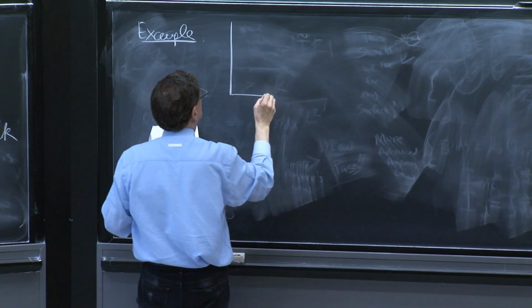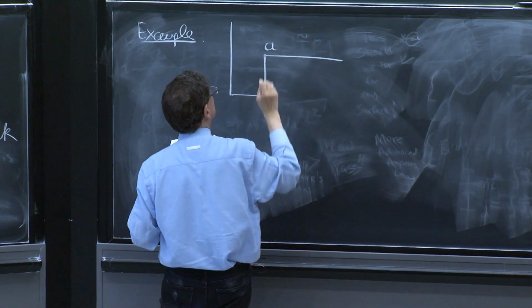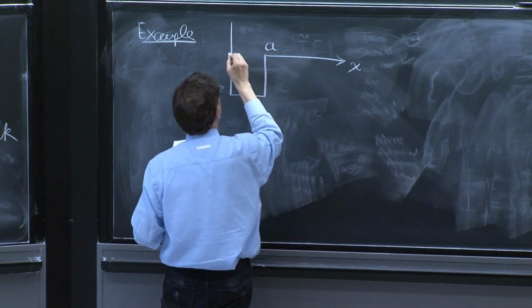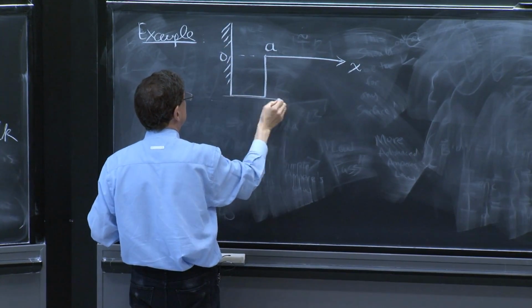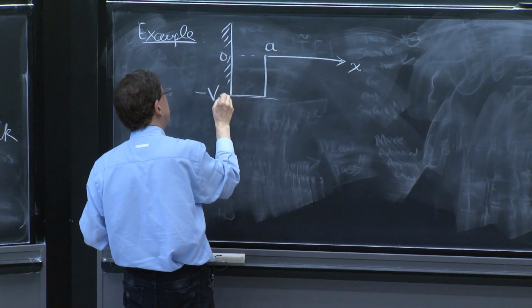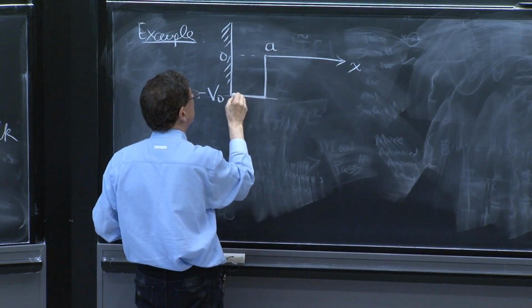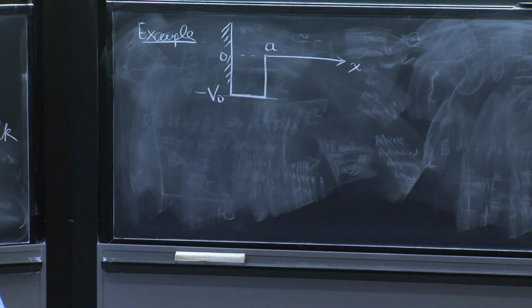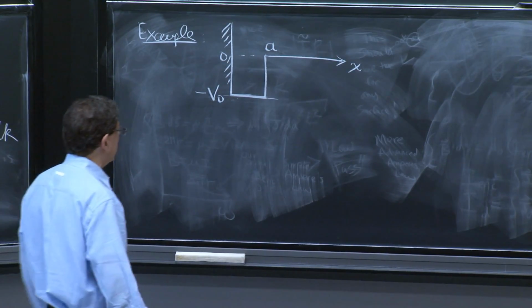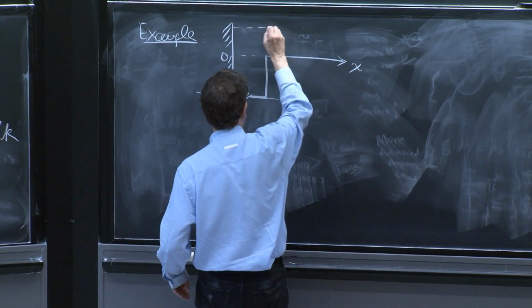We have a potential up to distance a. Here is 0. The wall is always there. And this number is minus V naught. So it's a well, a potential well. And we are producing energy eigenstates that come in here.